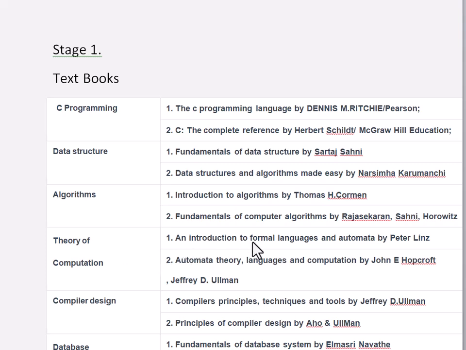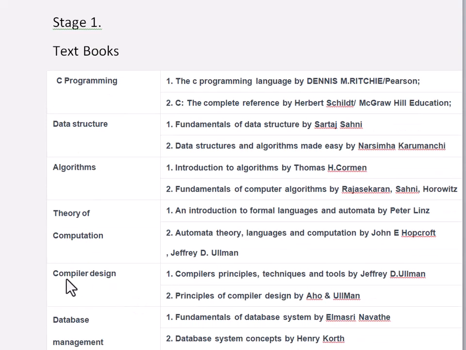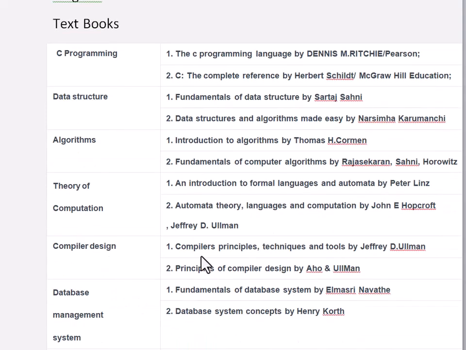One book is An Introduction to Formal Languages and Automata by Peter Linz. Another book is Automata Theory, Languages and Computation by John Hopcroft, Jeffrey Ullman. Next, Compiler Design. One book is Compilers: Principles, Techniques and Tools by Jeffrey.